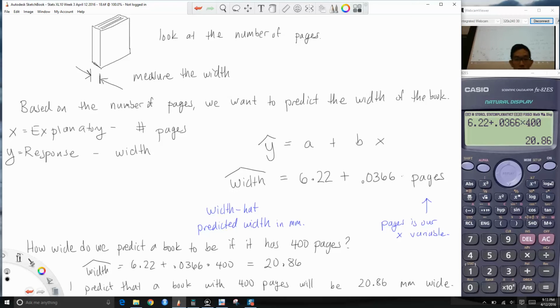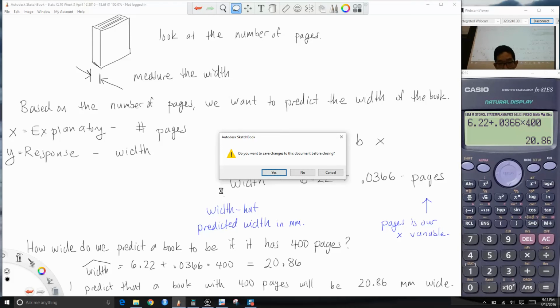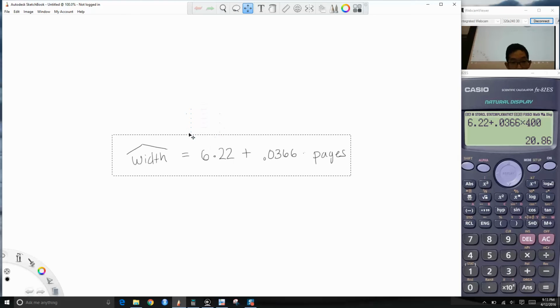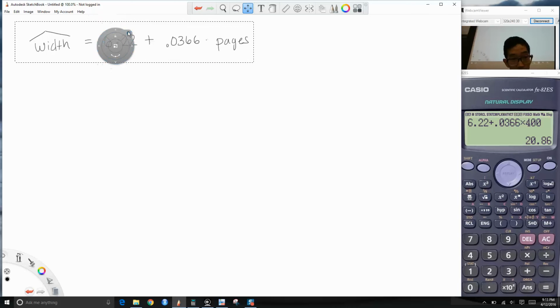Okay. What if I found a book that has another 100 pages in it? So a book with 500 pages. How wide will we predict that book to be? Hang on, let me see if I can copy this over. So this is our linear regression line.